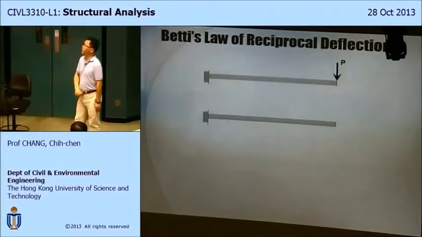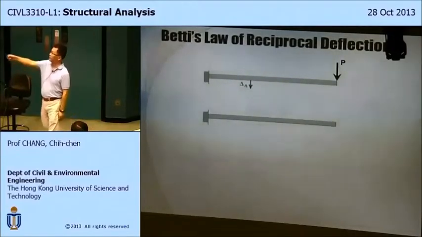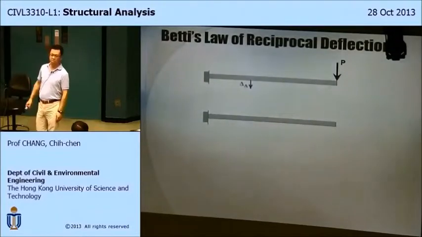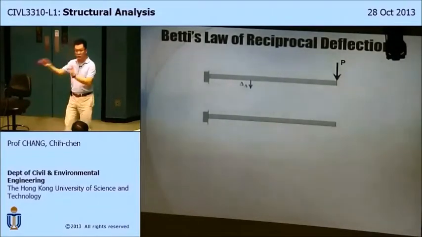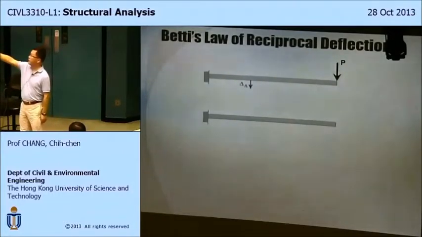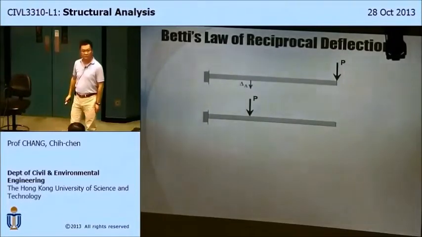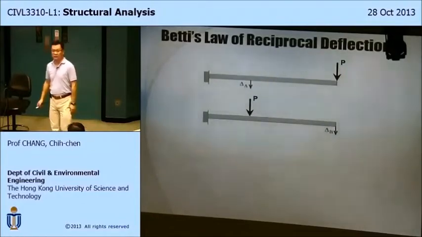If I have a loading of P applied there, and the displacement I calculate at this location is delta A. If I swap, I move the loading to this position and calculate deformation there, what do you expect? If I move the loading to that location and calculate this displacement, what do you expect?